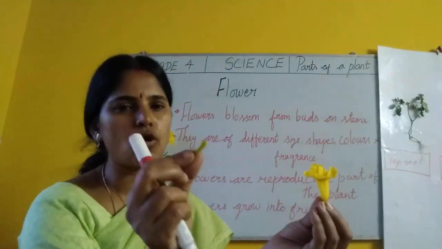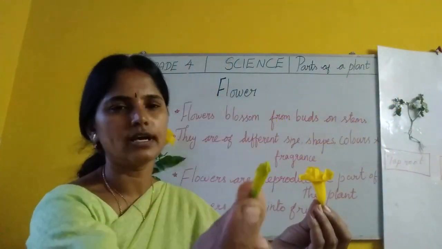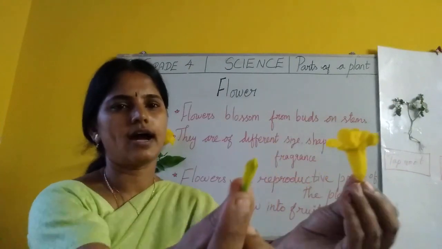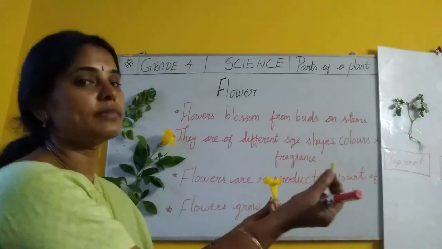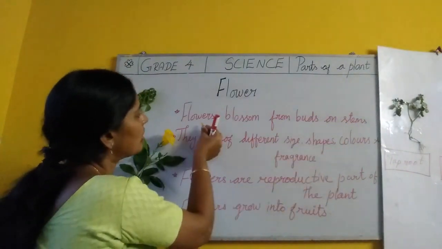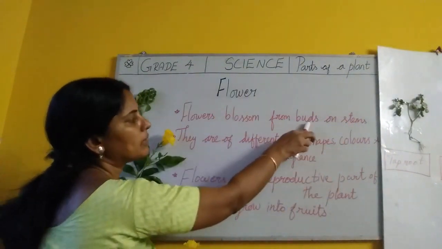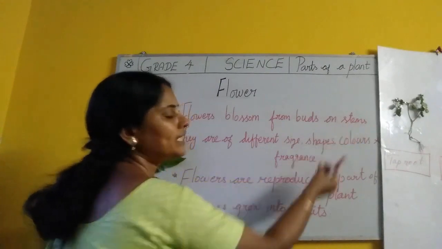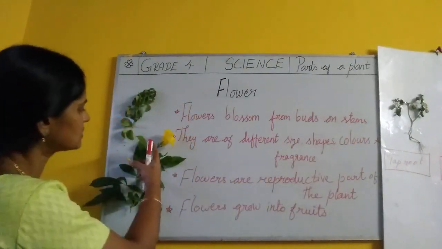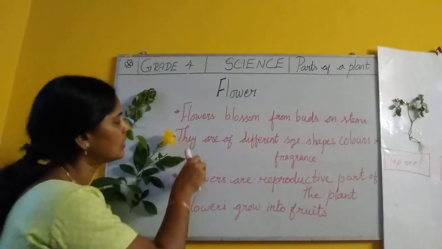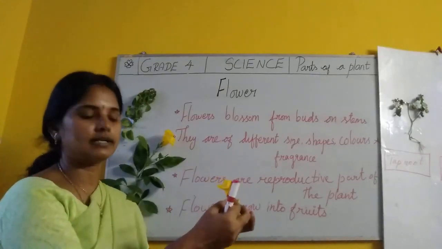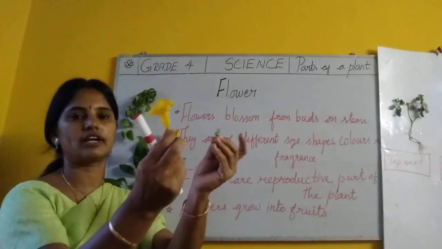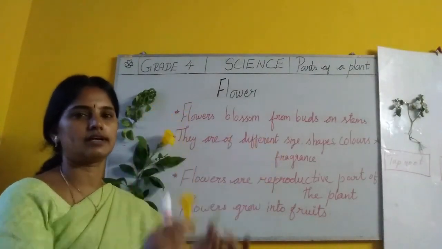Okay, children, this is a bud and this is a flower. Flowers blossom from buds on stems. They are of different size, shape and color.